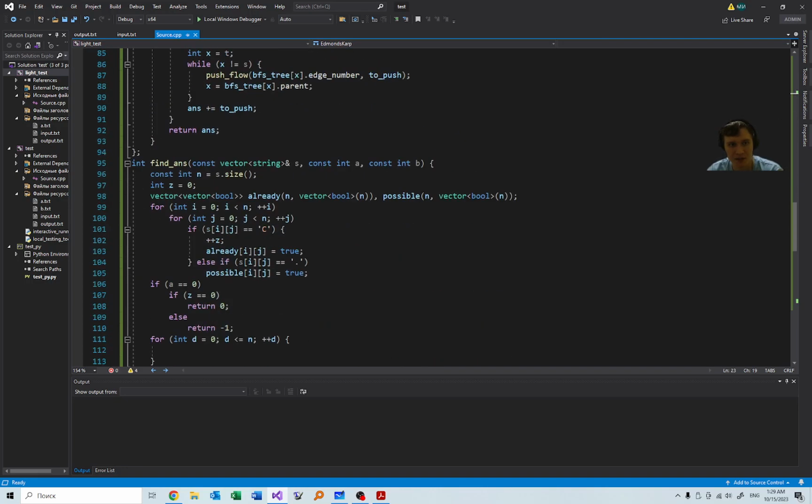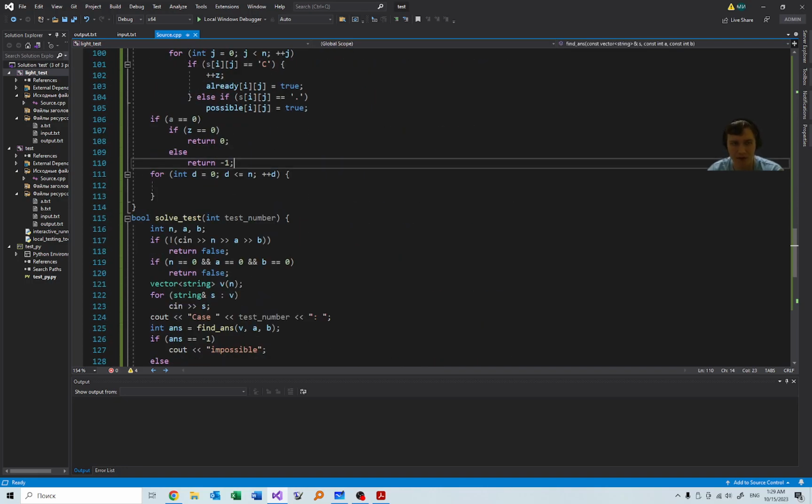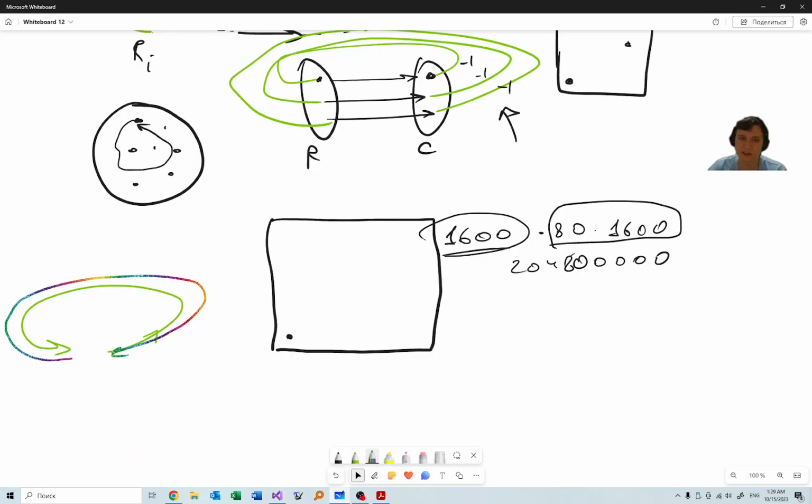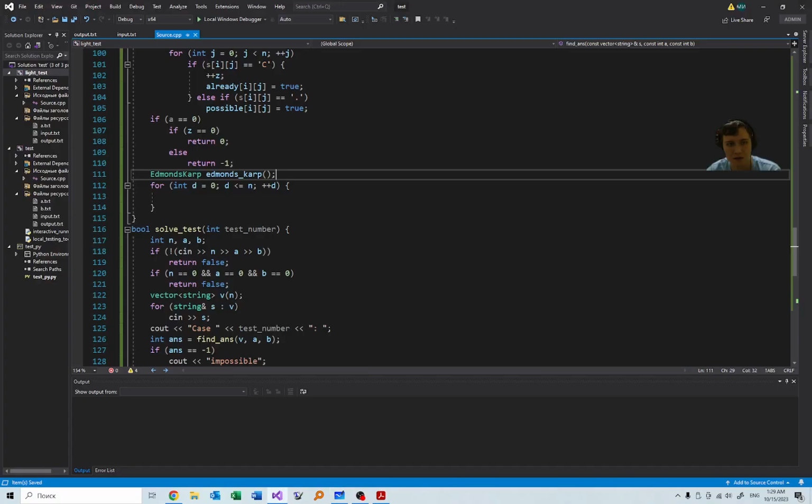So we create an Edmonds-Karp. And we need to write the number of vertices. Yes, so the number of vertices is like 2 times n plus 2.